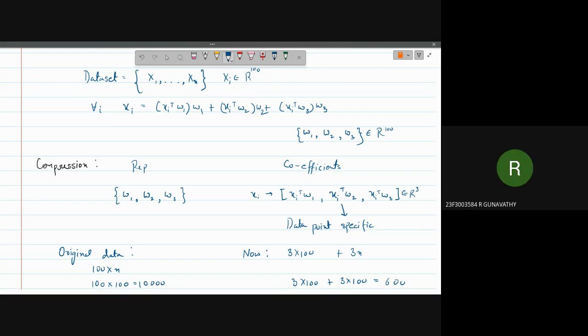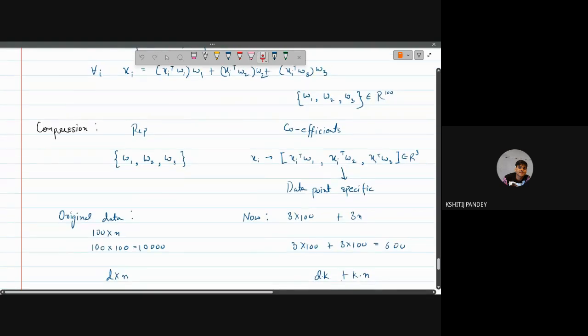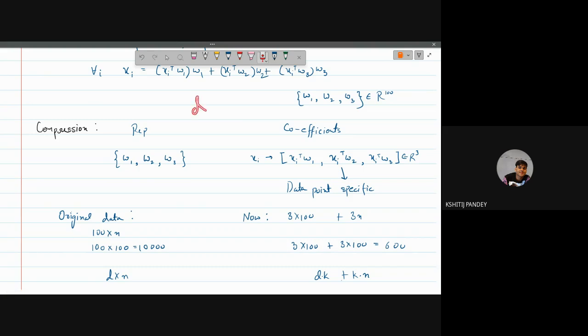Yes. So now we only have to store these three W's, W1, W2, W3. So it is in RD. So 3 points. So 3 times W. Sorry, 3 times D for storing this. And for each data point, we have to store a scalar value.